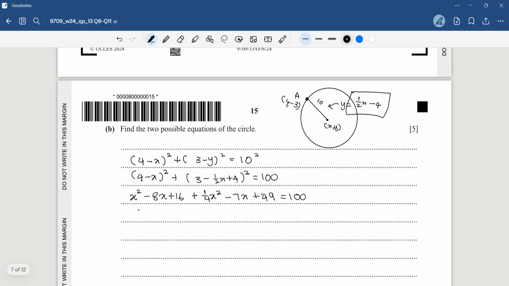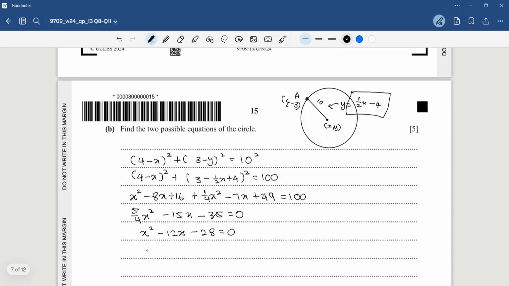Simplify, you'll get 5 over 4 x square minus 15x minus 35 equivalent to 0. Divide everything by 5 over 4, so you'll get x square minus 12x minus 28 equivalent to 0.